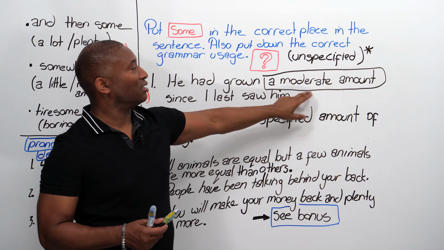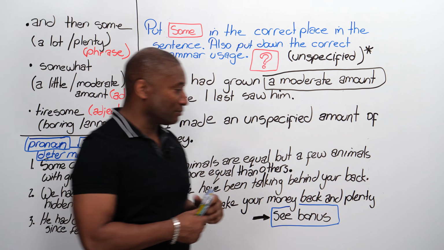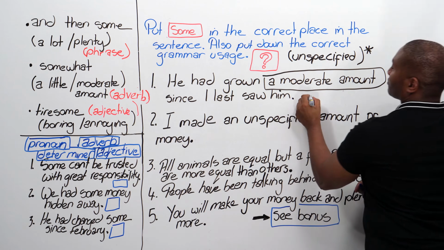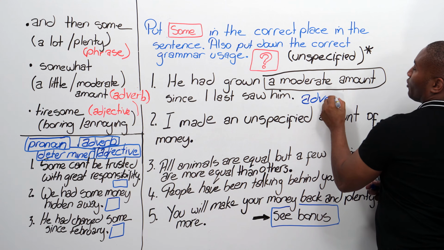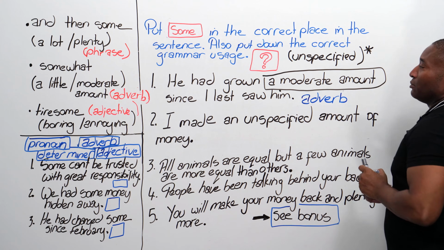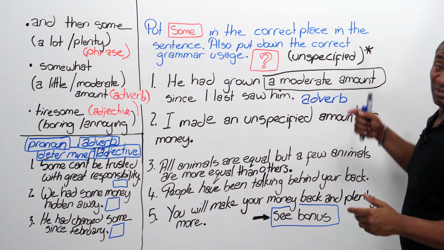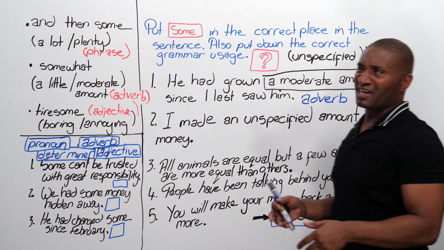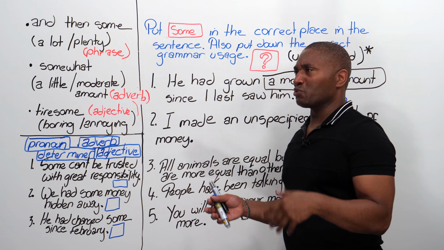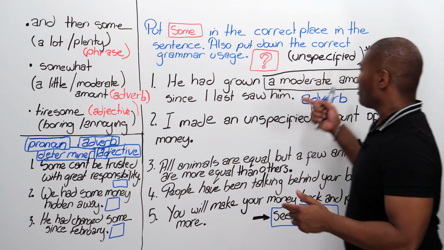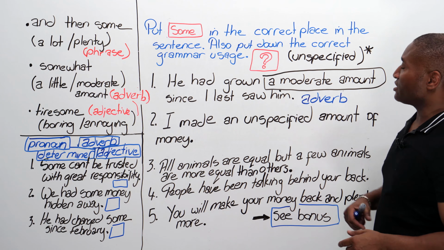And remember, we said when we use it in what kind of way? The adverb way. We use it as an adverb. How did he grow? He had grown some. In this case, it means a moderate amount, not being determined. I think I was talking about 2 feet or 25 centimeters or something like that. That was that one there. Let's look at the second one.